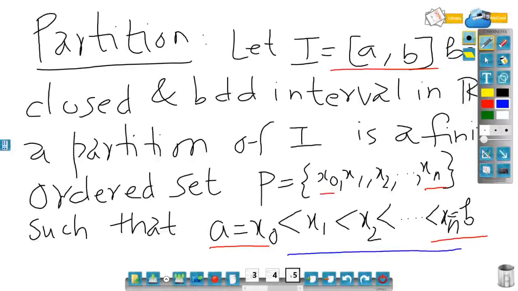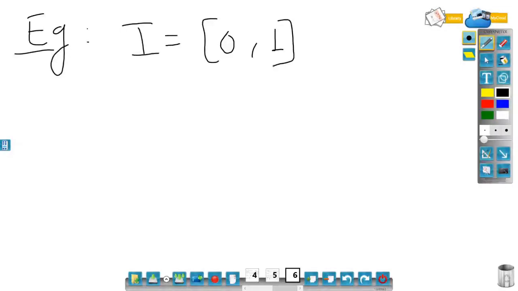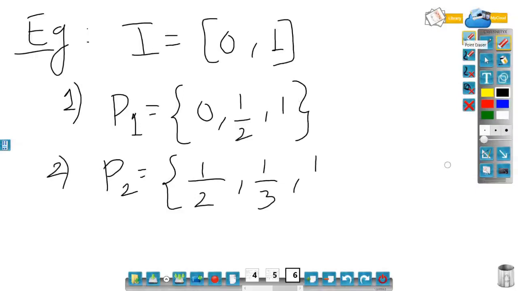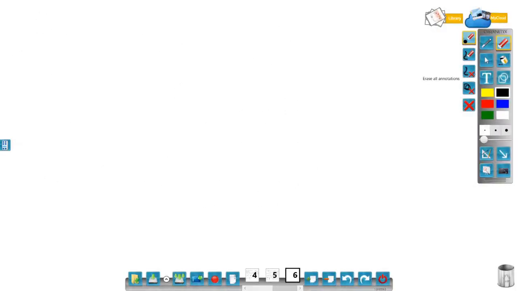Now let's have a quick example of partition. For example, if I take the interval I as the closed interval [0, 1], now let me write down a few sets and I will ask whether each is a partition or not.